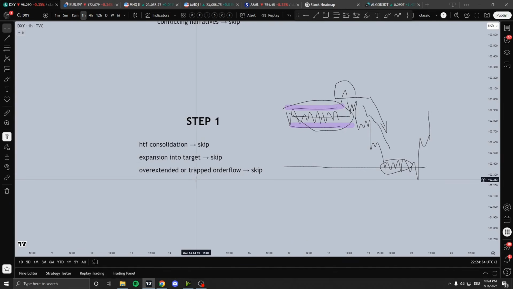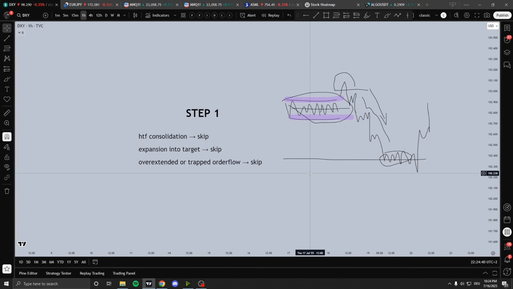And then the second part of that last point is trapped order flow. Now, what is trapped order flow? Trapped order flow is pretty much if price is in a ranging profile and is not willing to displace to either side. Why? Because price is trapped between two opposing PD areas. For example, if we have price moving lower here, and then we leave behind here a bearish imbalance, at the same time price trades here into a bullish imbalance, which is resting below this higher time frame old low.